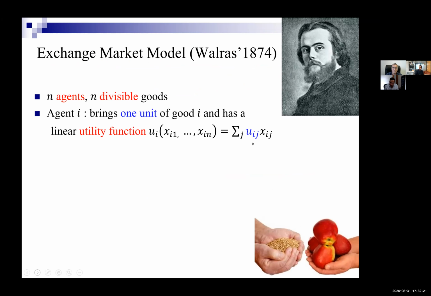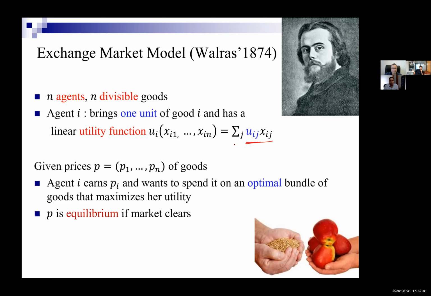u_ij is the utility from the entire unit of good j, and if we give her x_ij amount of good j, then her utility is u_ij times x_ij, and then you sum over all goods. This is agent i's utility when x_ij amount of good j is allocated to her. So what happens in the market?